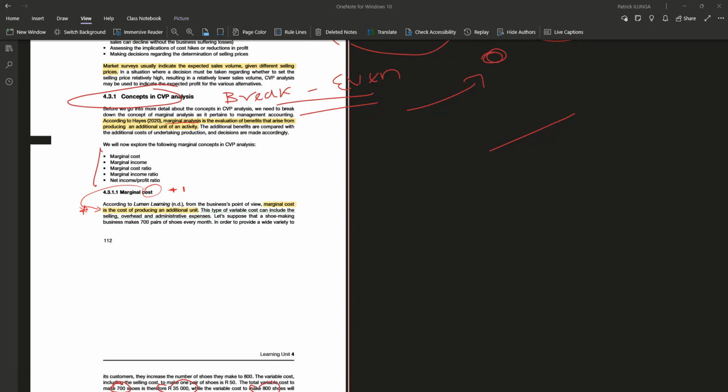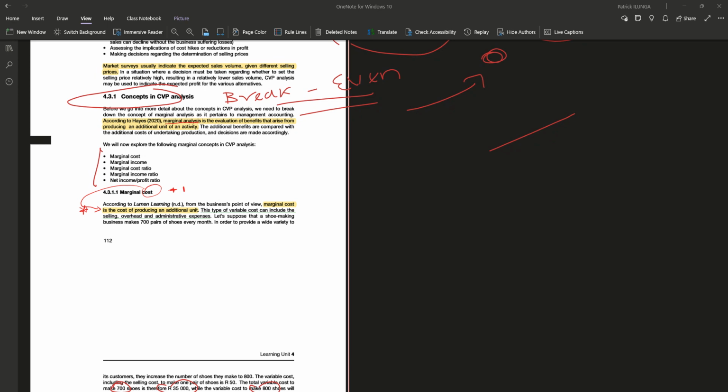Marginal analysis is defined as the evaluation of benefits that arise from producing an additional unit of an activity. So the additional benefits are compared with the additional cost of undertaking that production, right?